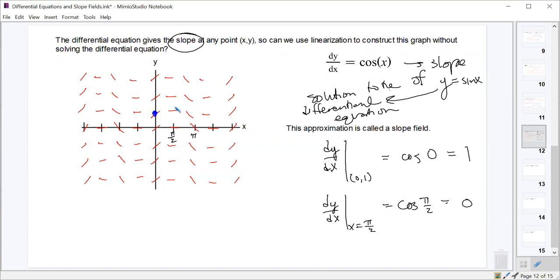And then it starts decreasing again and goes back down to -1. So it starts to look something like this, doesn't it? It goes up, flattens out, goes down, flattens out, goes up, flattens out, goes down, flattens out, and so on infinitely.